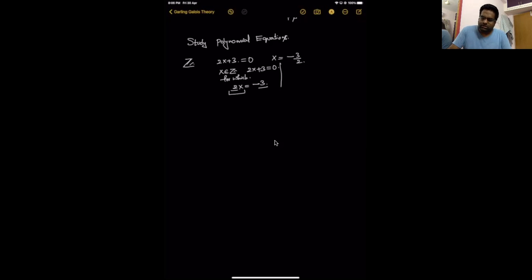So in order to find solutions for this equation, you need to move on to the field of rational numbers, where you will have x equal to -3/2 as a solution.